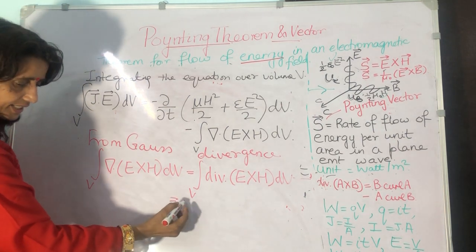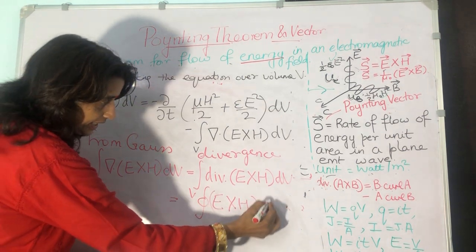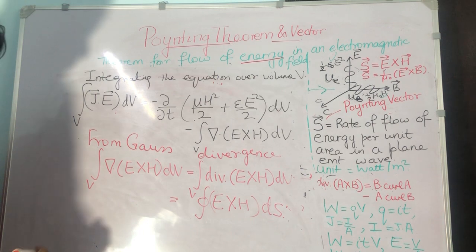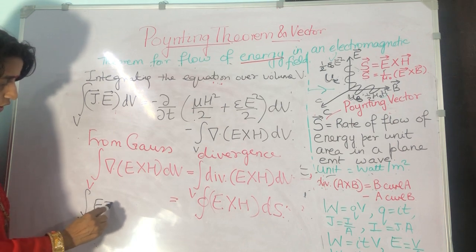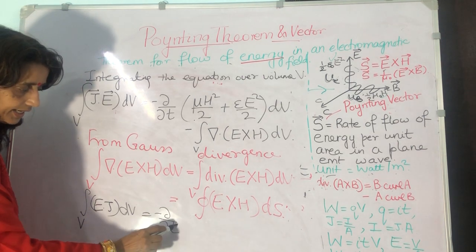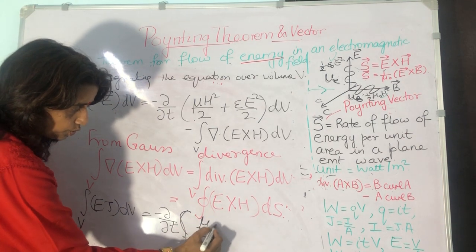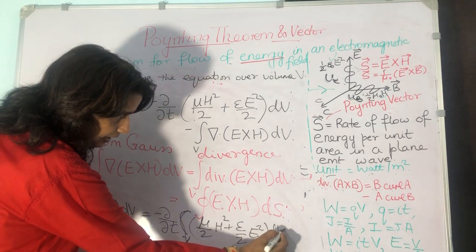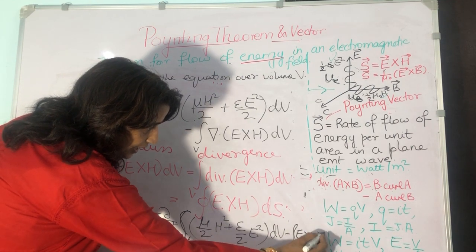And you can also write this down as integral E cross H dS, that is over the area S. And now the above expression becomes integral V E dot J dV is equal to minus del upon del t into integral V mu upon 2 H square plus epsilon upon 2 E square dV minus integral E cross H dS.